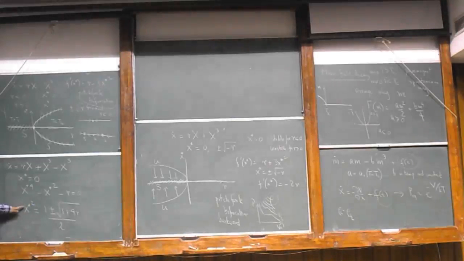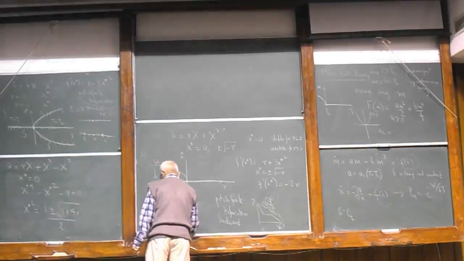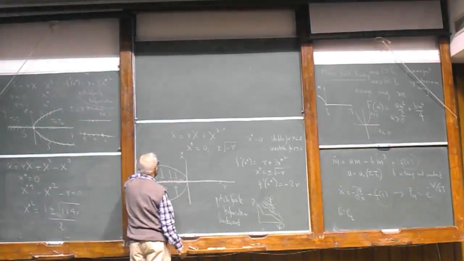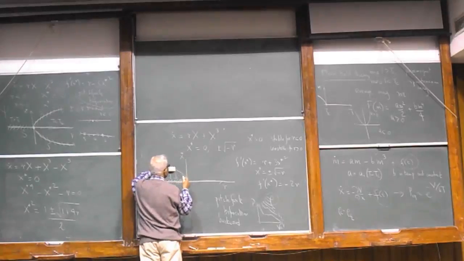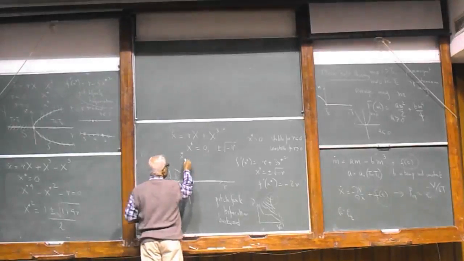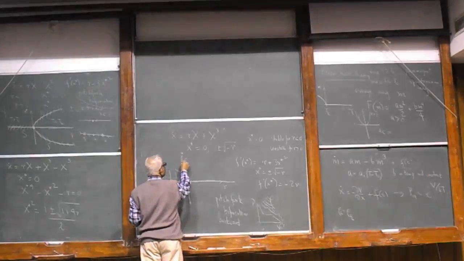Now, what is the value of that x star at R equal to 0? So I'm only working with the plus sign, mind you. With the plus sign at R equal to 0, x star square is equal to 1. So x star is plus 1 or minus 1. So here in this picture, this is plus 1.